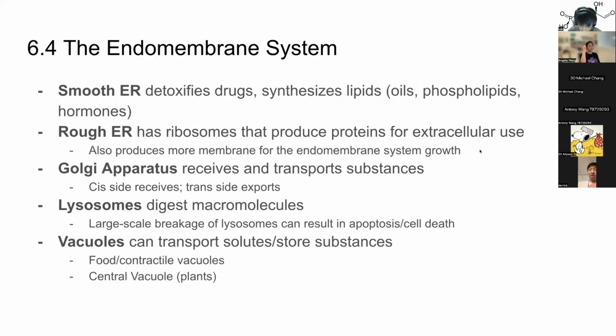So next I'm going to talk about the endomembrane system. The smooth ER helps detoxify drugs and synthesize lipids, which includes oils, phospholipids, and hormones. Cells that have to take care of a lot of toxins, such as liver cells, have a lot of smooth ER because that is what they do.